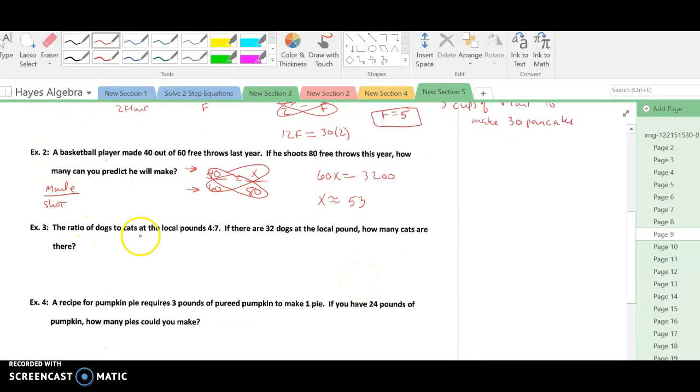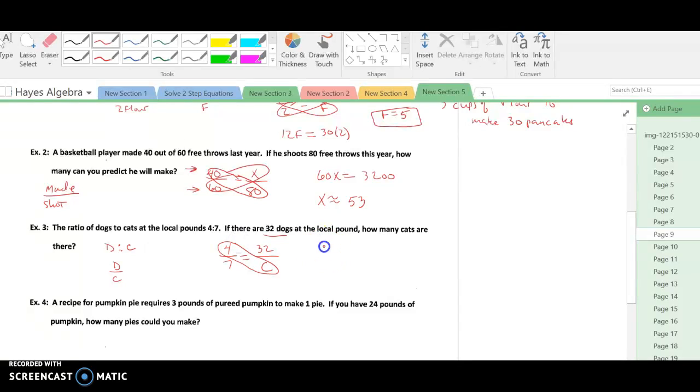Okay, the ratio of dogs to cats at the local pound is 4 to 7. So remember, dogs to cats, and we're going to write that in fraction form. There are 32 dogs at the local pound. How many cats are there? So we're going to say 4 dogs to 7 cats equals, I know the number of dogs, so that goes in my numerator, equals, I don't know how many cats, that goes in my denominator.